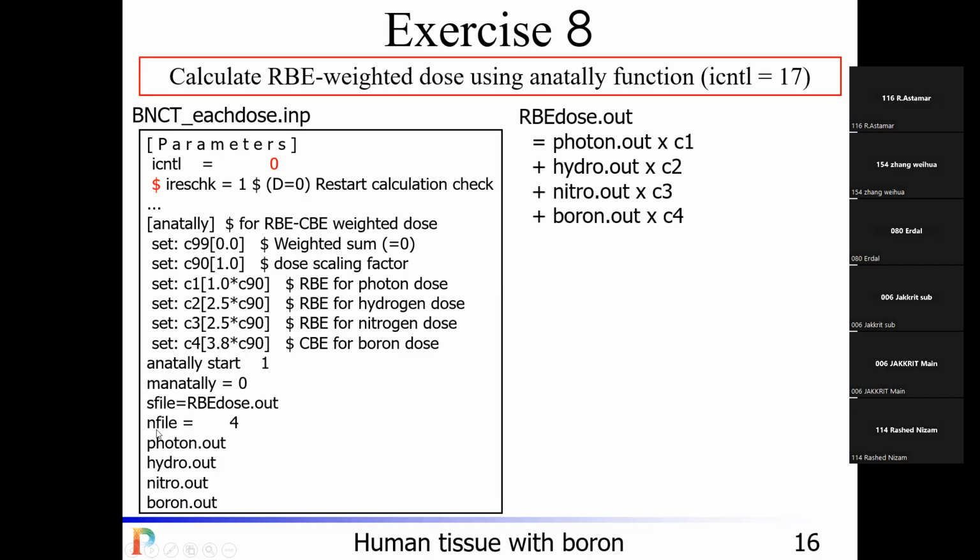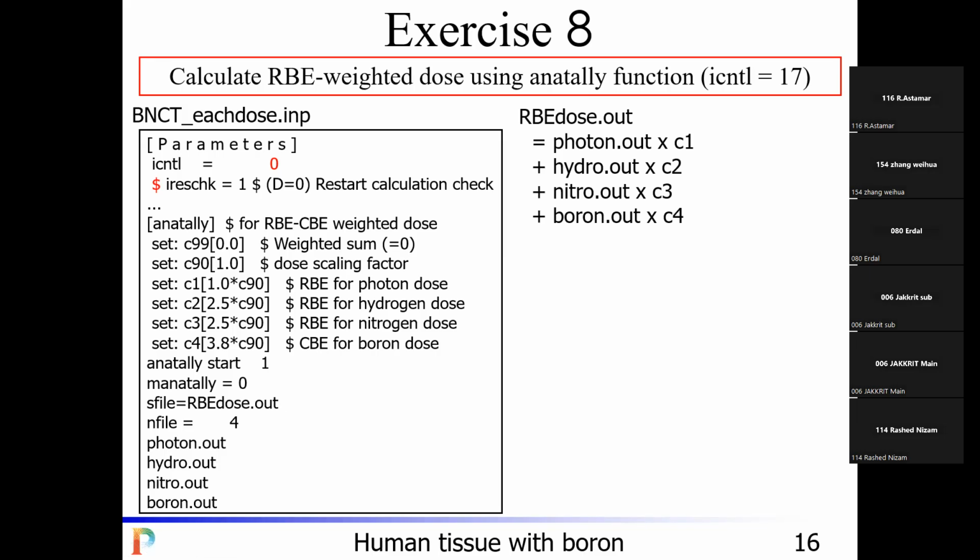And this N file indicates the number of data you need to combine. If you set it to 4, you have to set the output file name. So Anatoly reads these 4 tally outputs, weights them with the weighted functions, and the sum of the result is given in the RBE dose.out.